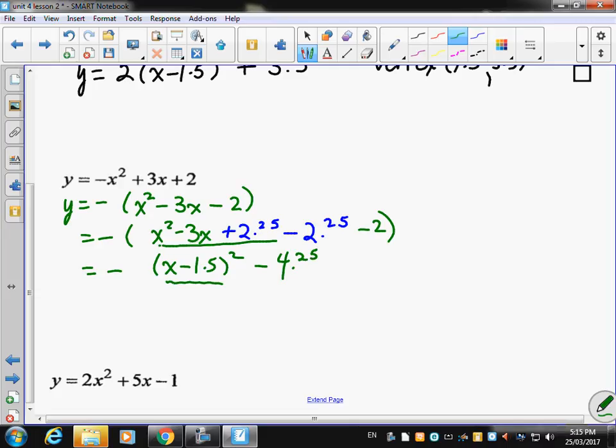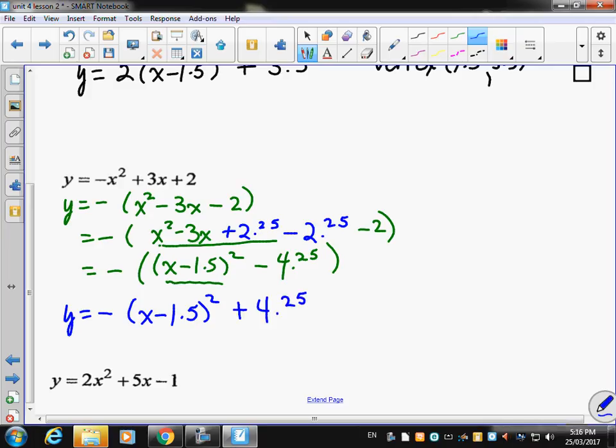And don't forget, all of that had been in brackets when I factored out a negative. So if I want it to look like vertex form, I have one more step where I get rid of those outer brackets by doing distributive law. Final answer would be y equals negative x subtract 1.5 squared, and then negative times negative 4.25 will be positive 4.25.